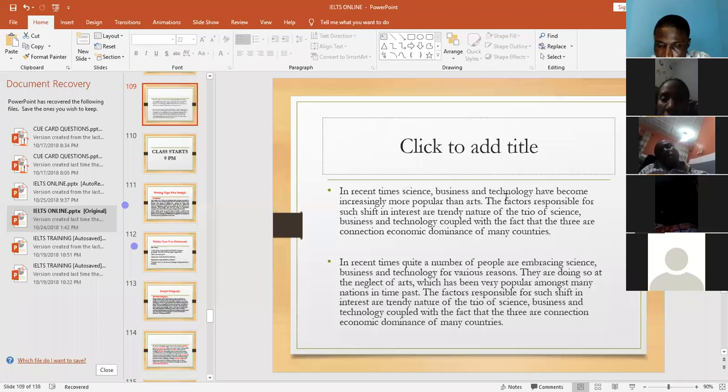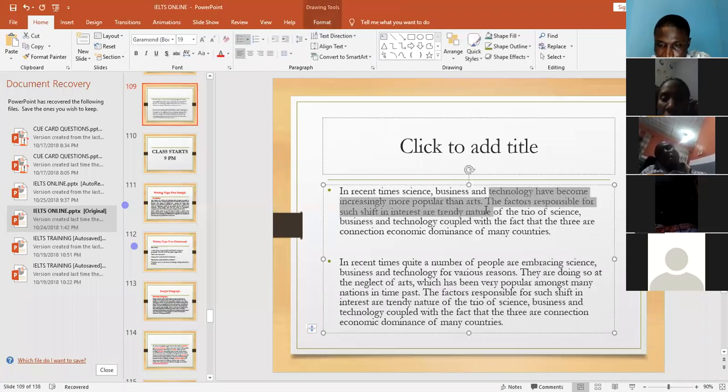In this introduction, I said "the factor responsible for such shifts" instead of saying "such change." Once you're able to use those kinds of expressions, your mark will start going up. But you need to read for your mind to have those things, because every day we use low-level English to interact, even most times in our workplace.